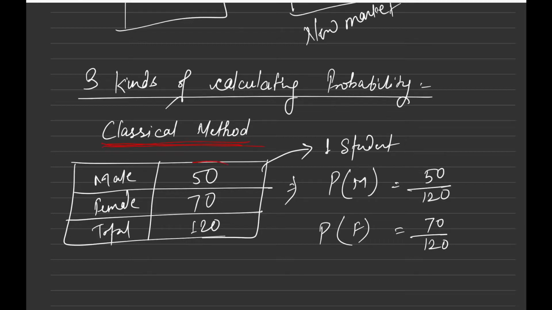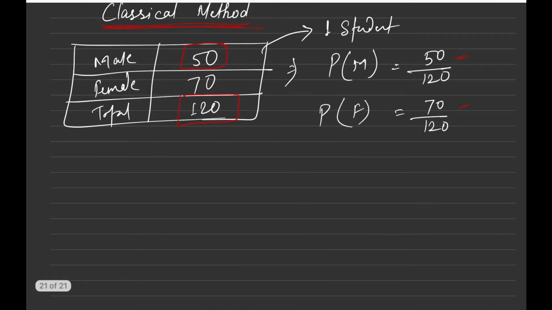This is the case of the classical method, where we know the desired outcomes and the total number of possibilities, so we divide: 50 by 120 or 70 by 120. If I write the formula of this classical method, it will be the probability of any event equal to NE, how many possible outcomes of this event, divided by total outcomes.